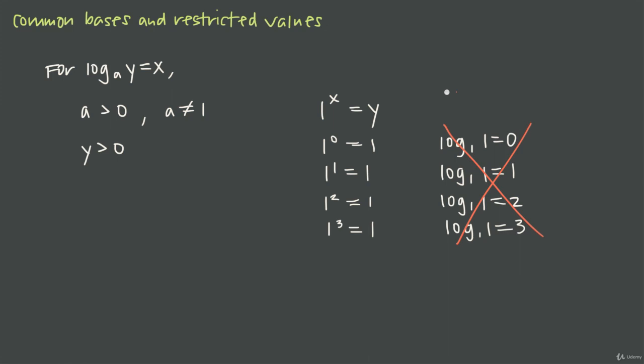And it's these kinds of issues that we're avoiding when we put these restrictions on the values in this logarithmic equation. So the point here is just to remember that when you have this log base a of y equals x, we just want to make sure that we always keep the value of a positive and not equal to 1. And when we do that, automatically the value of y will have to be positive as well.